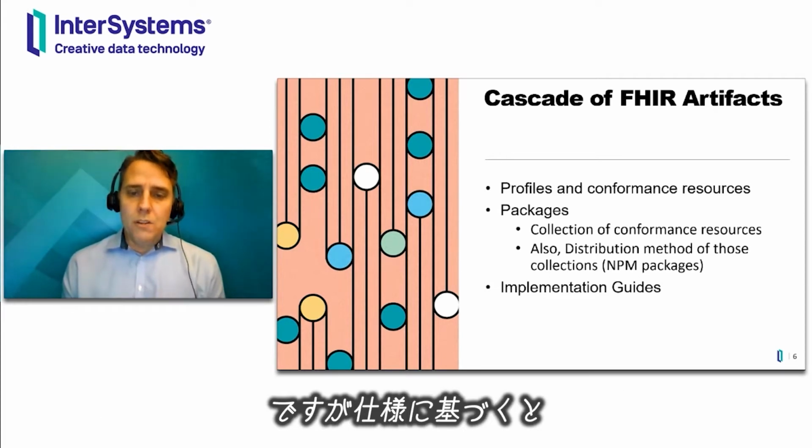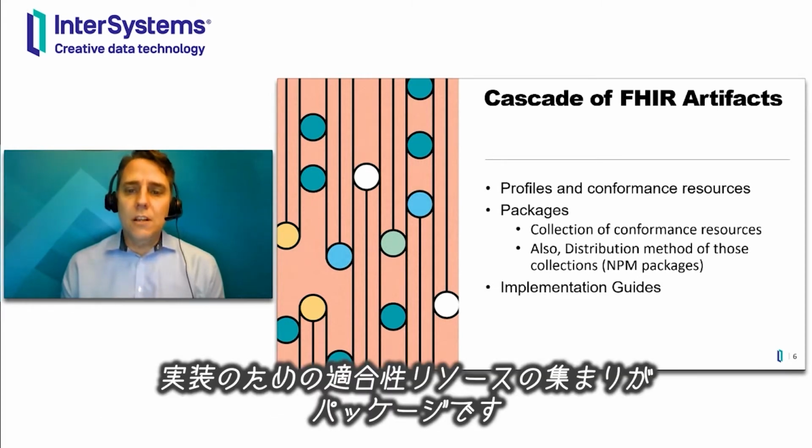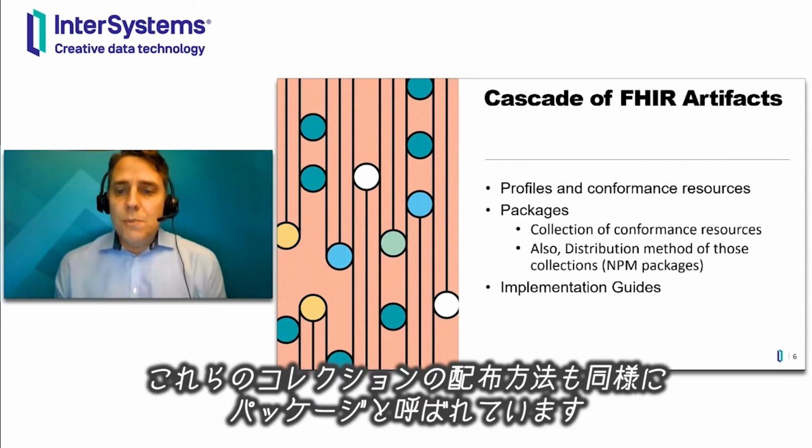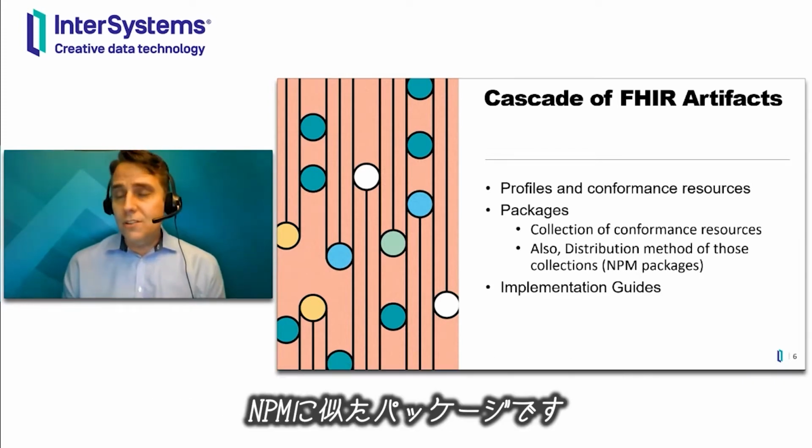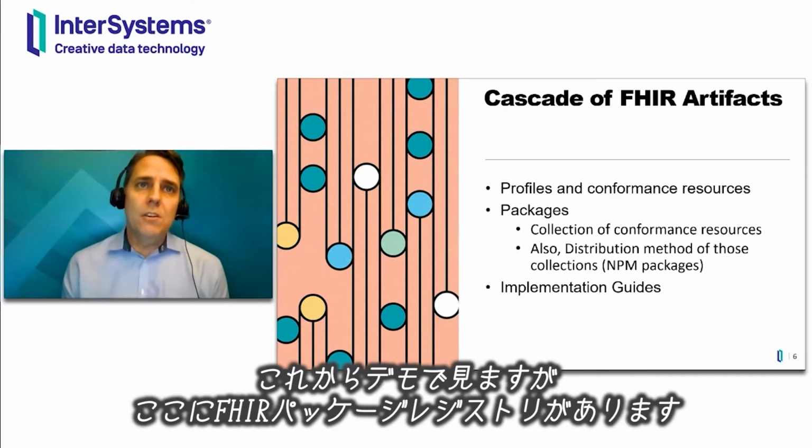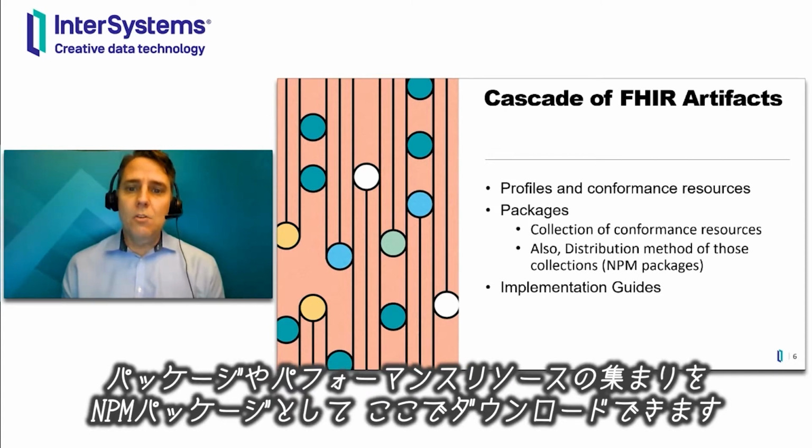But according to the specification, these collections of conformance resources for an implementation are packages. Now, the distribution method of these collections are also called packages, NPM-like packages. As you'll see in the demo, there's a FHIR package registry where you can go and download these packages, collections of conformance resources, as NPM packages.